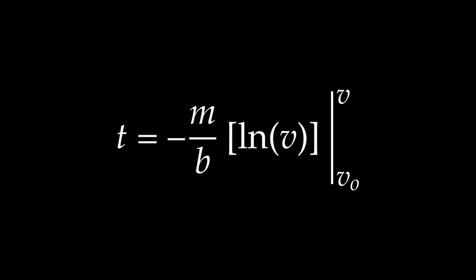My integration requires another step here. I have to do the final minus initial. Because when I integrate dv, I'm not getting v, I'm getting the change in v. So with this notation here, what it tells me to do is to just do final minus initial. v is the final velocity, v0 is the initial velocity, so this is negative m over b, multiplied by the natural log evaluated at v, and this is the part that the math folks don't like.